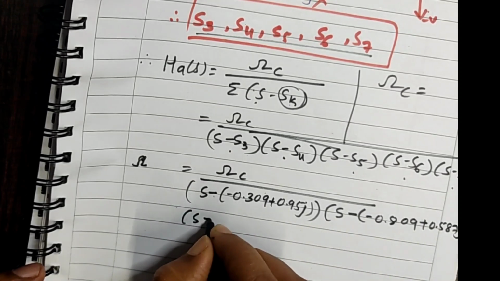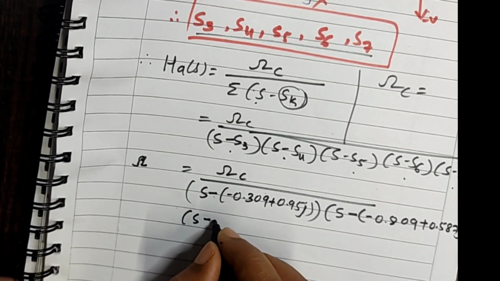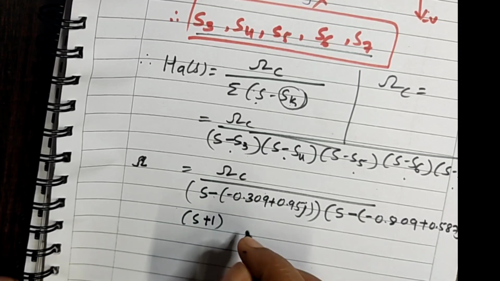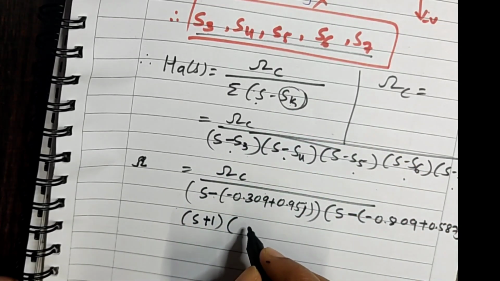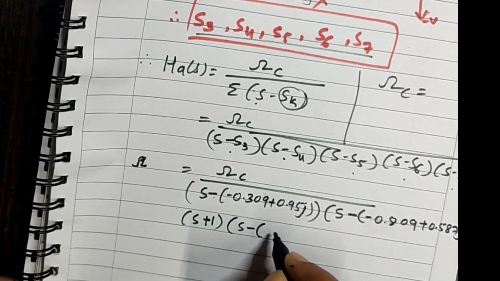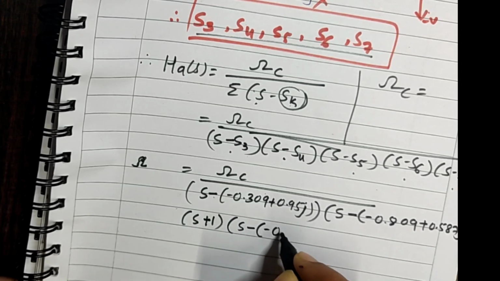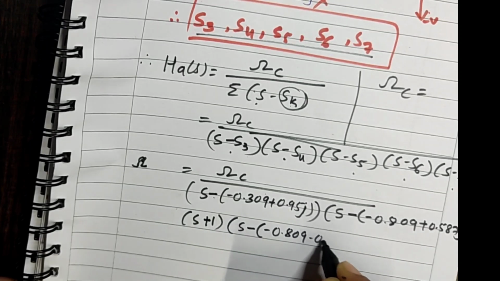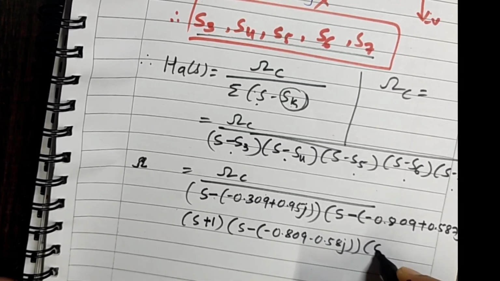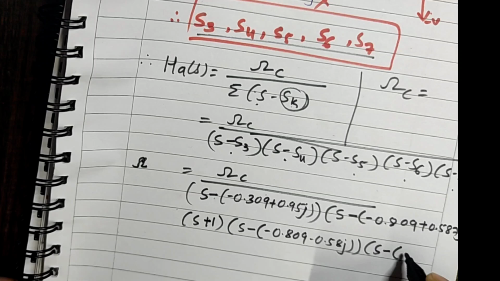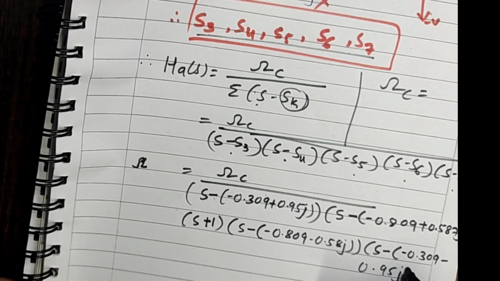Next, S minus S5 is S minus, minus 1, so minus plus, S plus 1. Next, S minus S6 is S minus, minus 0.809 minus 0.58j. Last one is S minus S7, where S7 is minus 0.309 minus 0.95j.